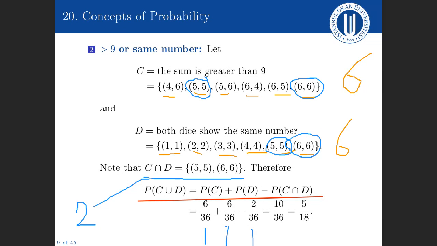What are the numbers on the top? The numbers are 6, 6, and 2. So that's 6 over 36 plus 6 over 36 minus 2 over 36. And when we calculate that, we get 10 over 36, or 5 over 18.